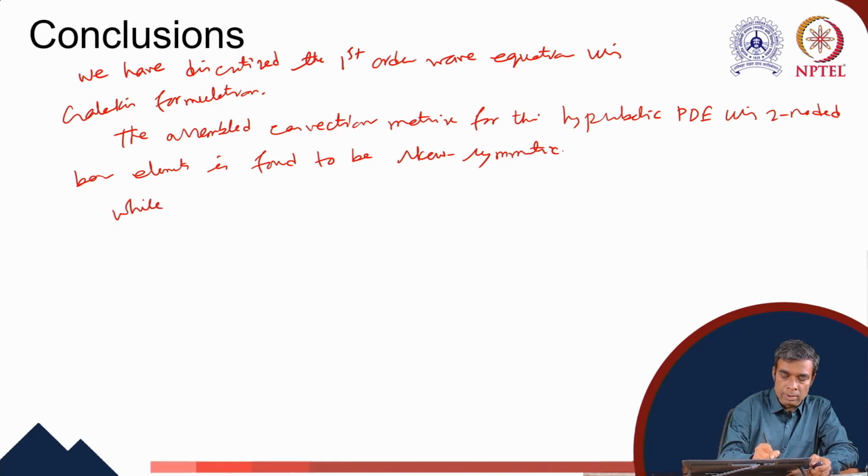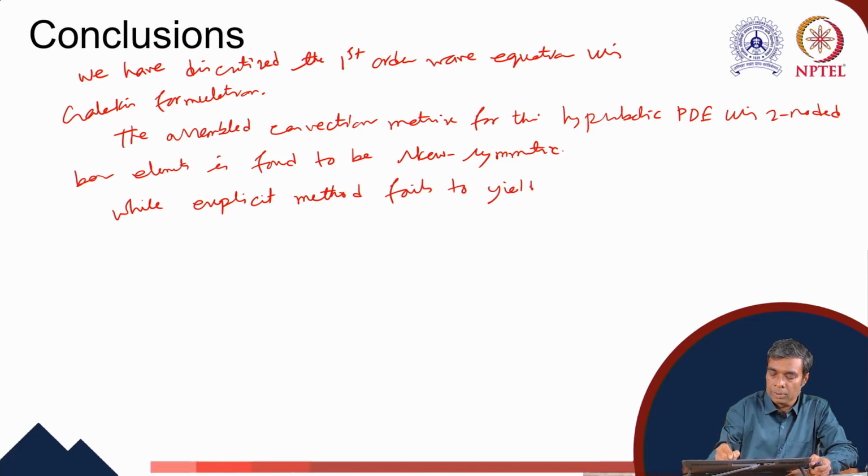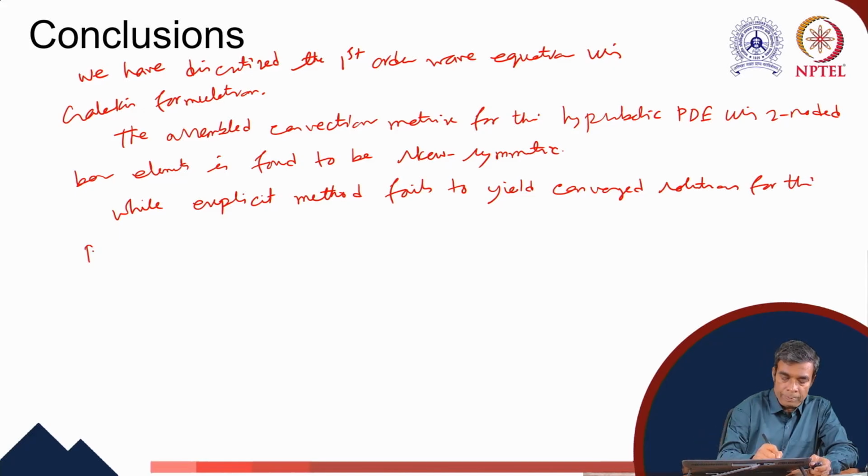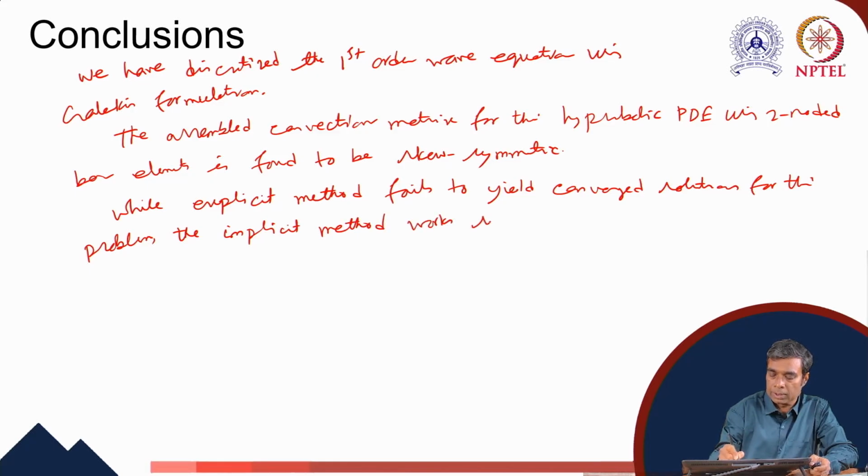while the explicit method fails to yield converged solutions for this problem, the implicit method works successfully.